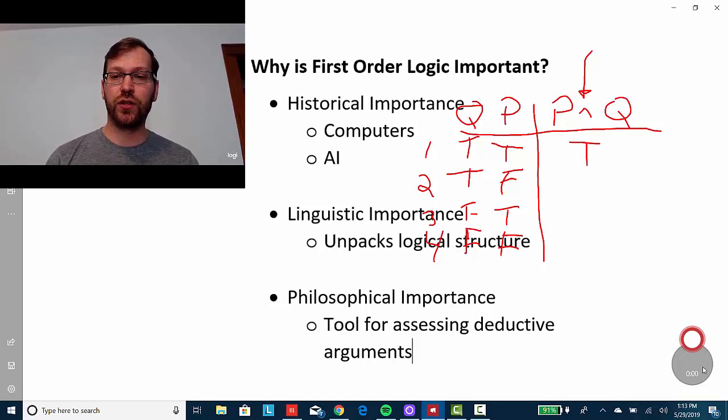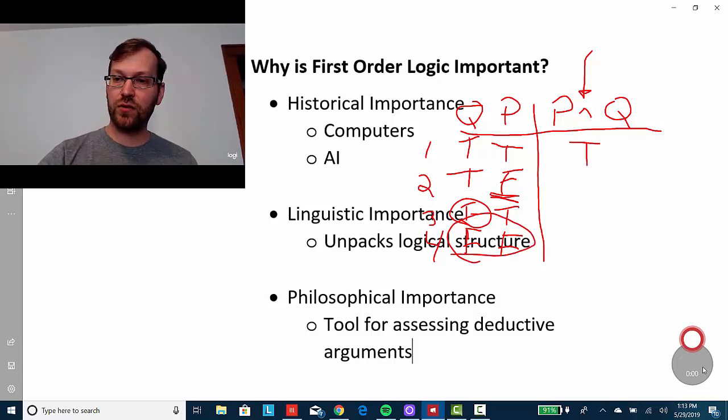For the way that conjunction works is anytime one of the inputs is an F, it will return an F. So 2, 3, and 4 all have inputs of F. So here's an F, here's an F, and both of them are Fs in case 4. So that'll return F or a 0 or an off in these cases.